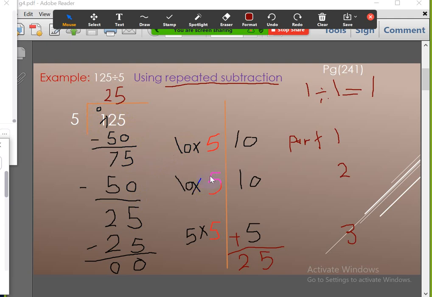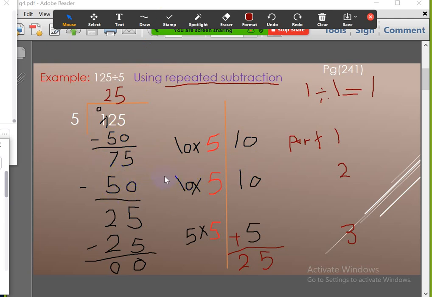Because we multiply the 5, the divisor, with another 10. That means we multiply the 5 with 2 tens. This is the first one, and this is the second one.